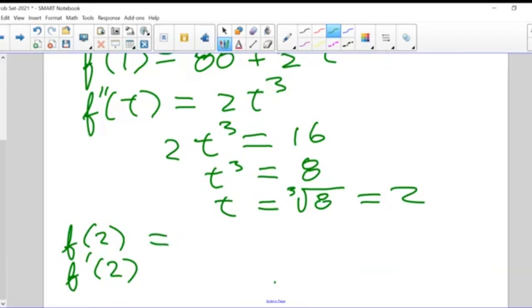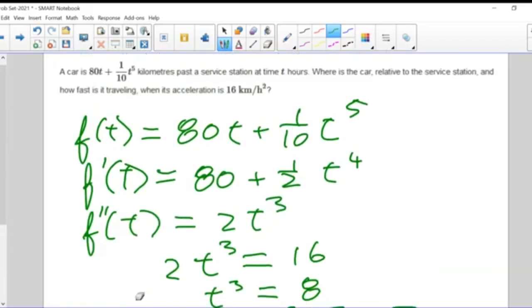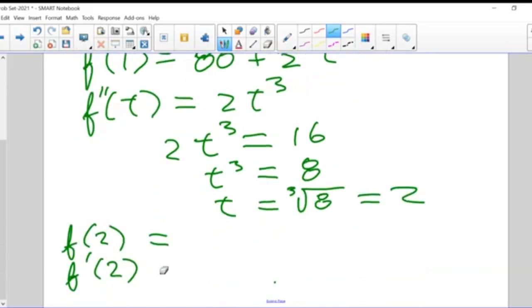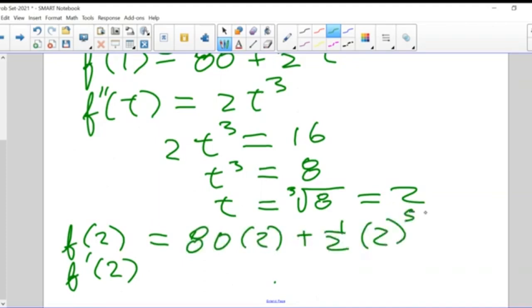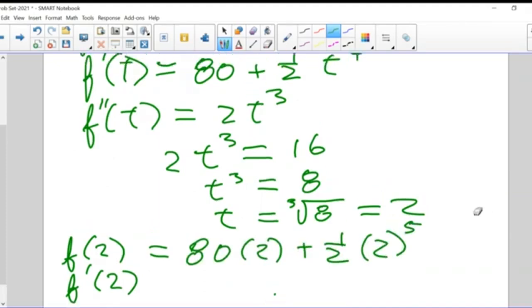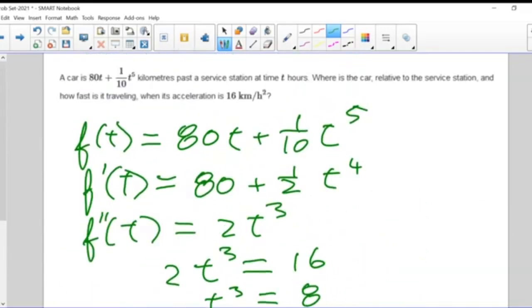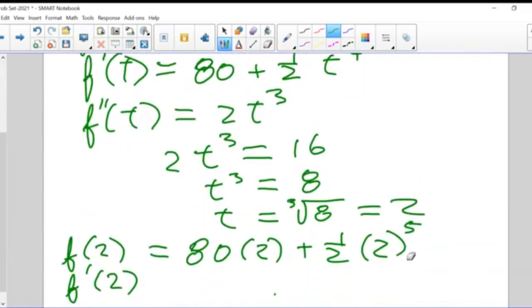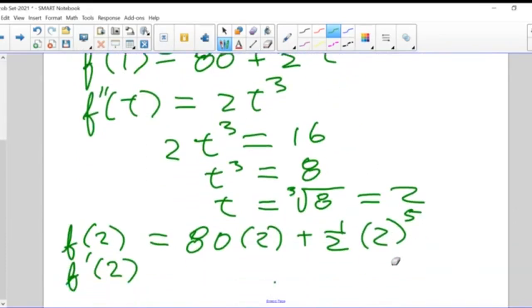So the f of 2, of course, is just simply putting 2 into the function, which is what else? 80t plus 1 over 10 times 2 to the power of 5. Just work that out and finish that up. And this answer answers the question of where. Where am I? How far am I past the gas station?